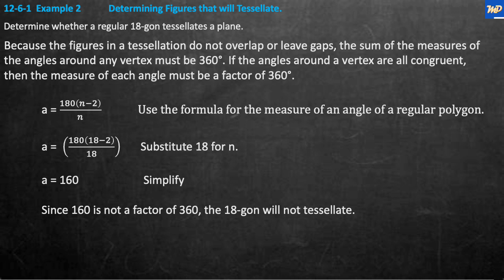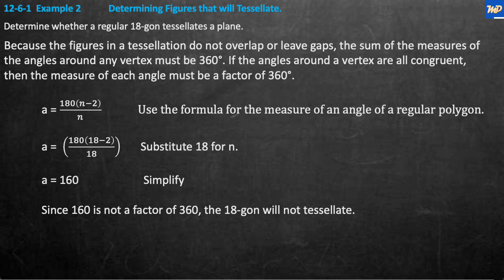So if you're rotating it in hunks of a circle as you're going around, the hunks are going to eventually have to add up to 360 degrees. Otherwise, it didn't tessellate. If the angles around the vertex all are congruent, then the measure of each angle must be a factor of 360 degrees.